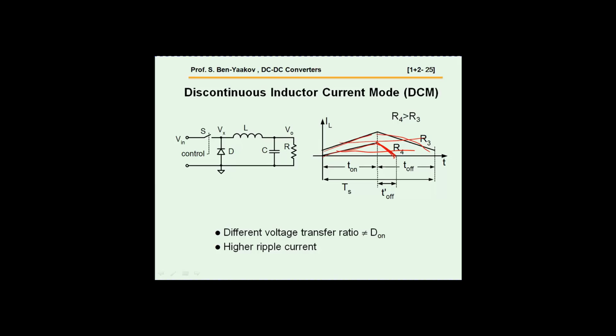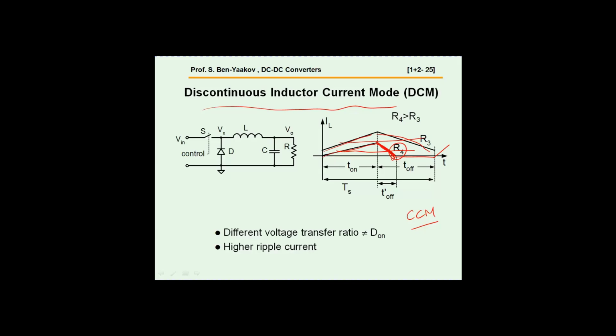So what will actually happen is that the voltage will go down, the current will go down, it'll hit zero, and then it'll stay zero till the next cycle for this resistor. So the behavior has really changed. We call this discontinuous inductor current mode. This is opposed to the CCM operation, which is continuous current mode, which we have seen before.